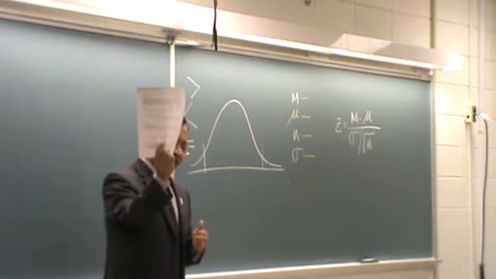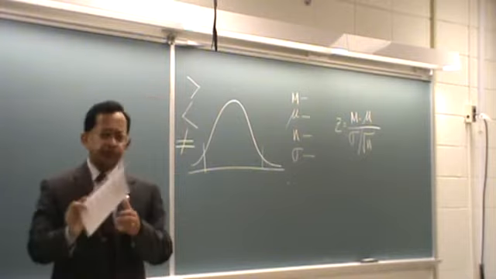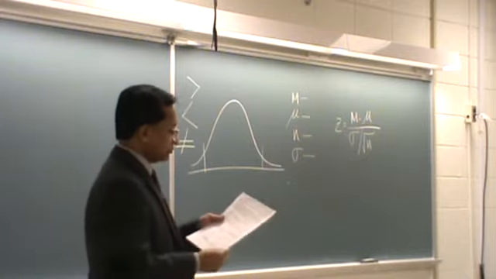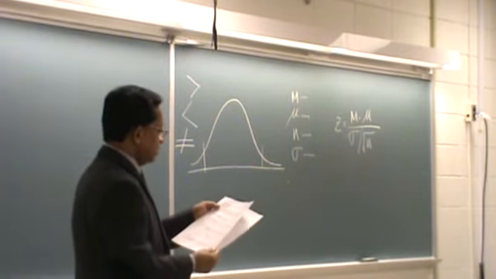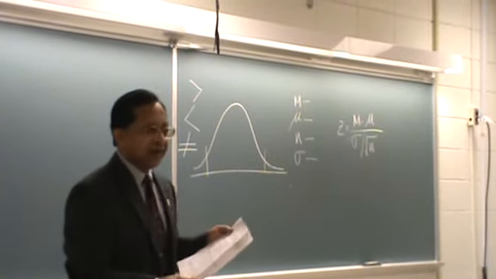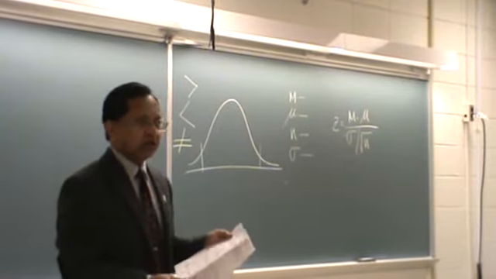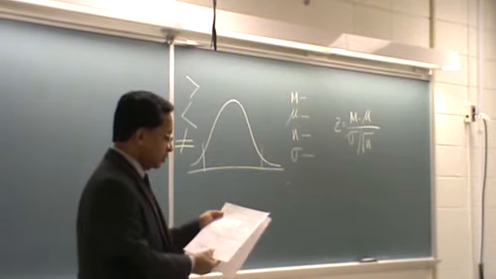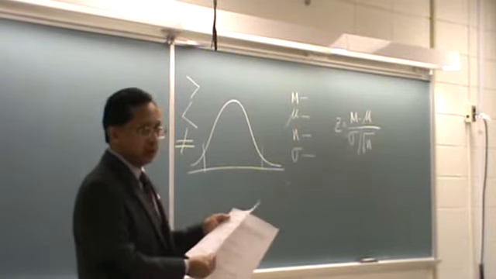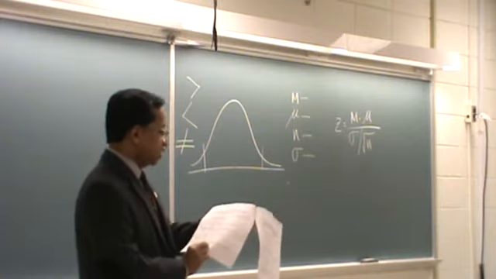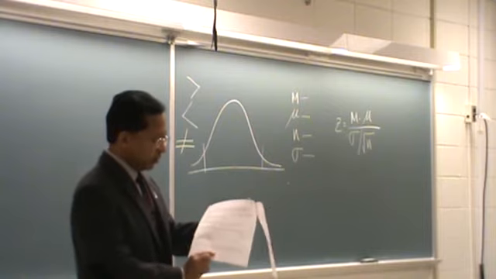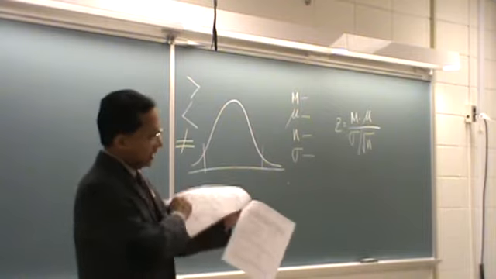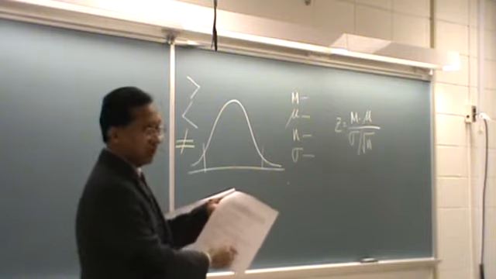So let's look at this example, what I did here. First page, we are going to look at a one-tailed hypothesis test, and we are going to look at the right tail. Second page, again a one-tailed hypothesis test, but we are going to look at the left tail. And the third page, it's a two-tail.